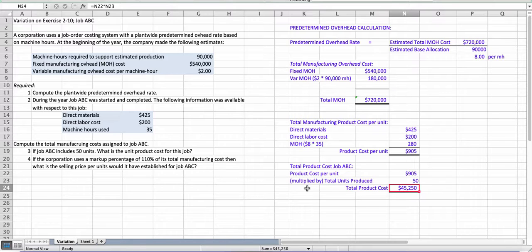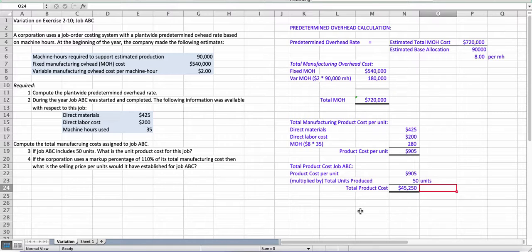We're actually going to take the 905 and multiply it by 50 units, right? Let me write that right over here for you. So $905 per unit multiplied by 50 units. This is the answer to number 3.